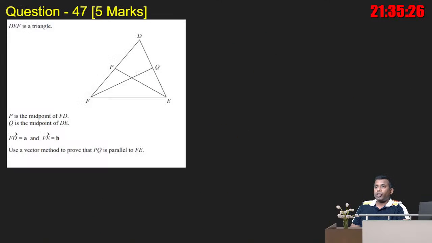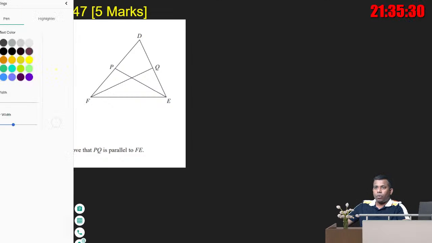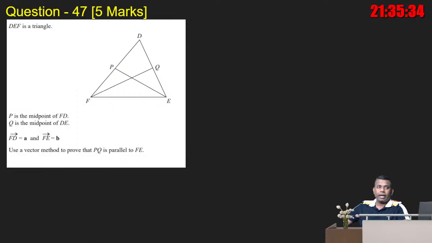Let's move on to question number 47, right? Remember, I'm going to write it in white on the screen. Read the question. DEF is a triangle. P is the midpoint. So we know in geometry, P is the midpoint, meaning this length equals this length.